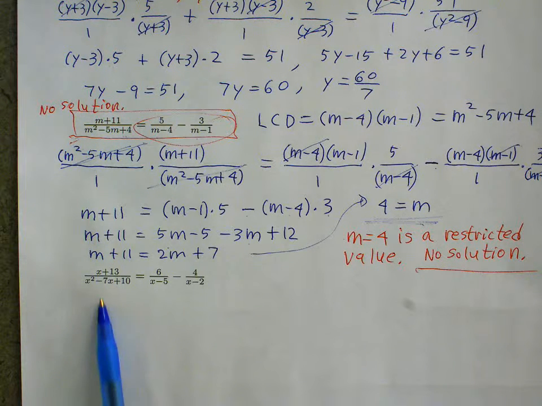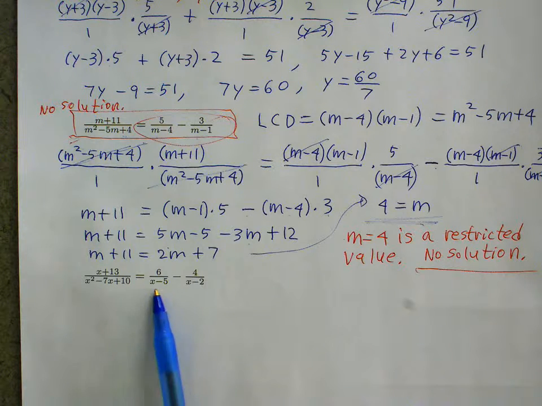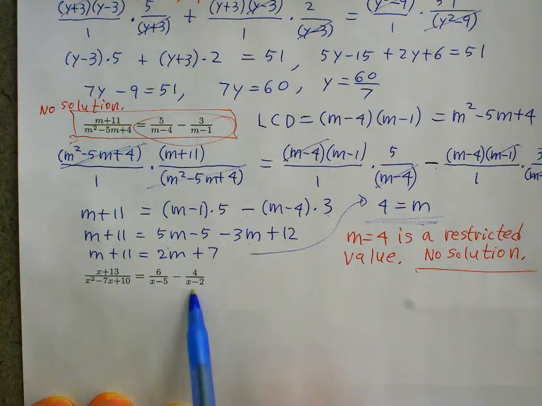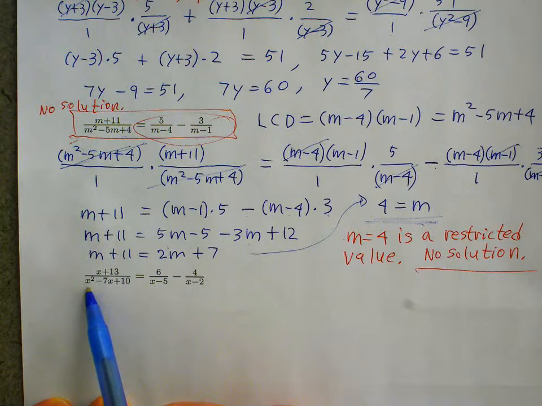Okay, on this one, x plus 13 over x squared minus 7x plus 10 equals 6 over x minus 5 minus 4 over x minus 2. So notice that if you multiply x minus 5 times x minus 2, you get x squared minus 7x plus 10.